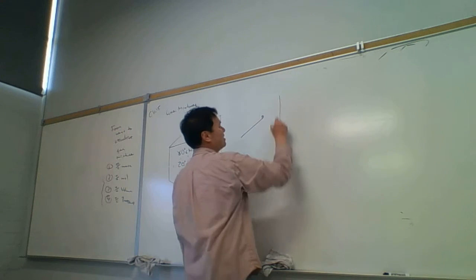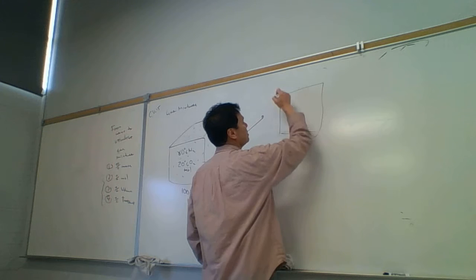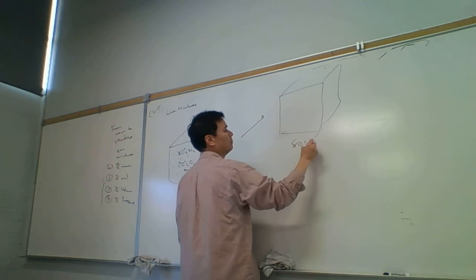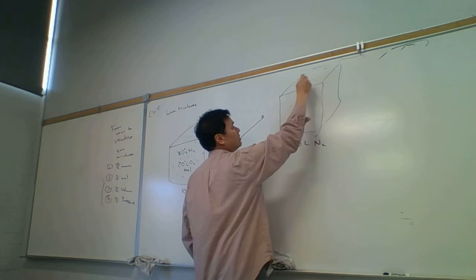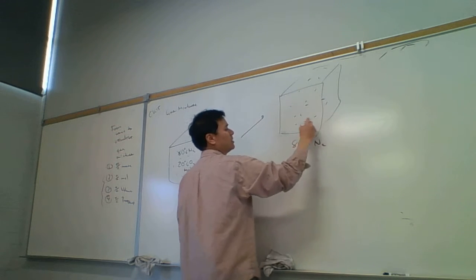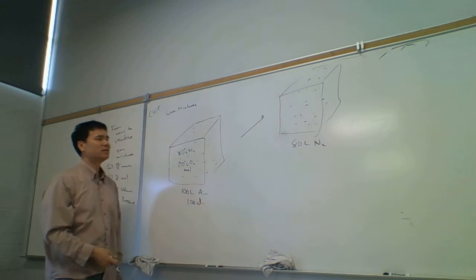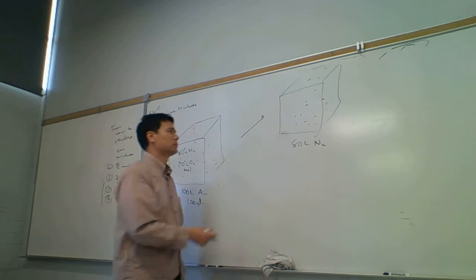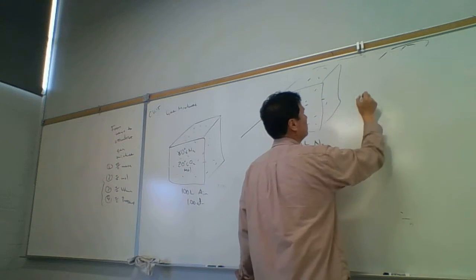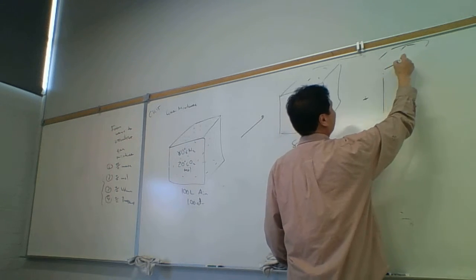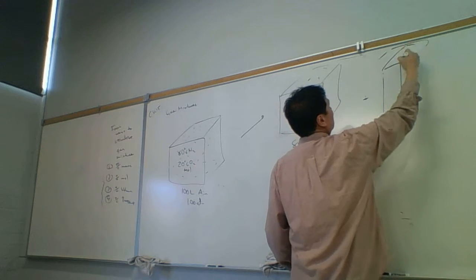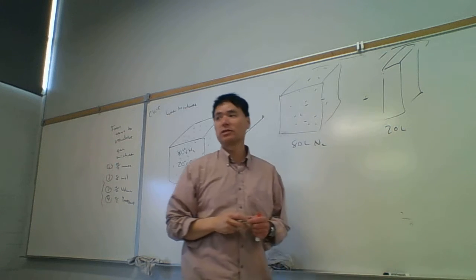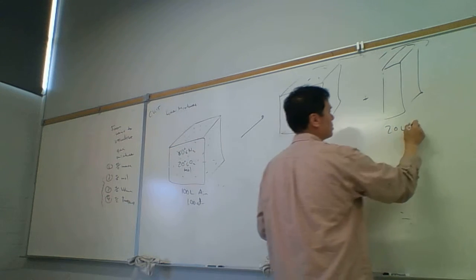And so one way of visualizing this mixture is, I would say this mixture consists of 80 liters of nitrogen. Nitrogen is 80% of this, so I'll have a box that's 80% of the total. And then I'm going to have a 20 liter box that I can put my oxygen in. So I'll have 20 liters of oxygen.